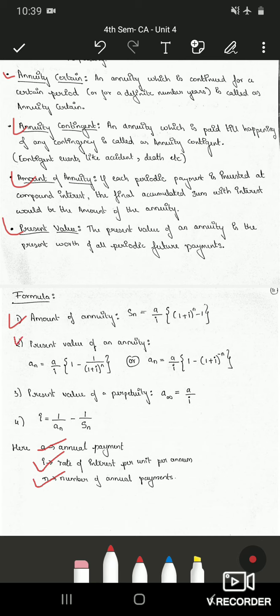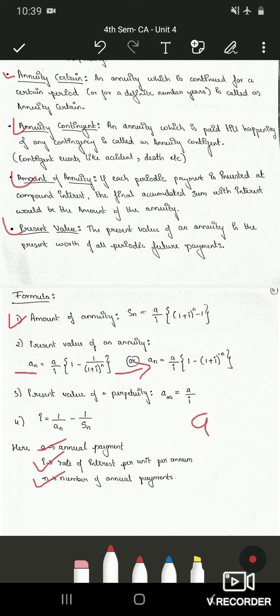Next, to calculate the present value of an annuity, the notation is small a with suffix n. This is your present value, and the formula is a_n = (A/i) × [1 − 1/(1 + i)^n], or else you can write the same formula as (A/i) × [1 − (1 + i)^(−n)].